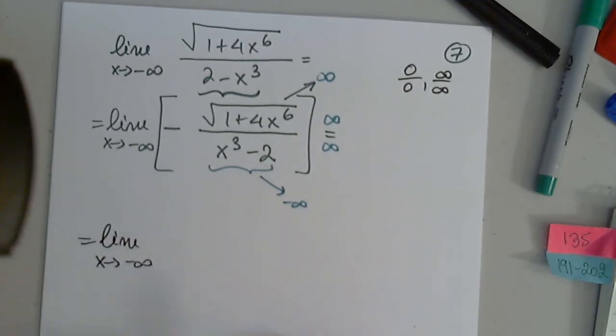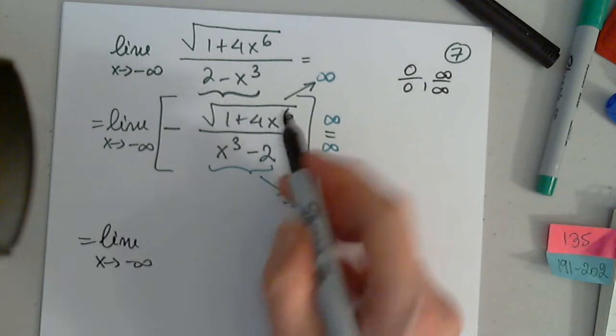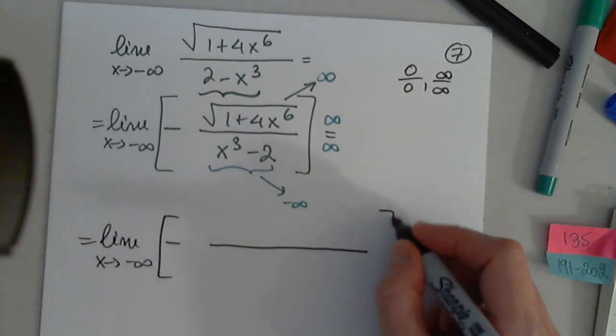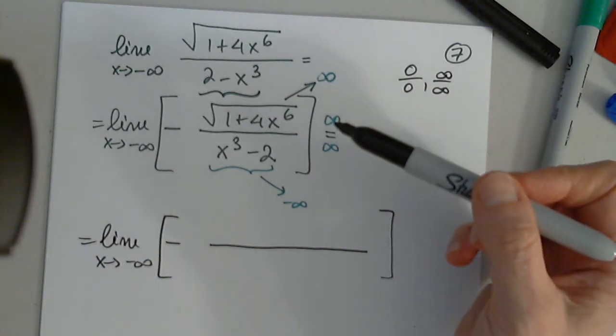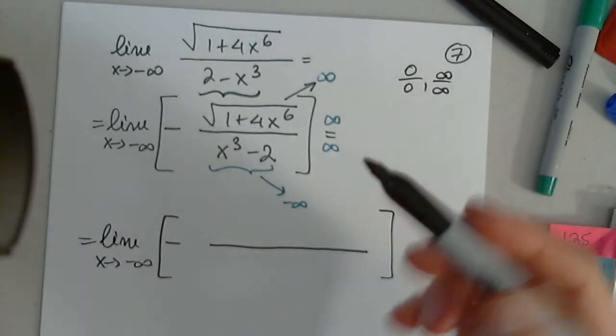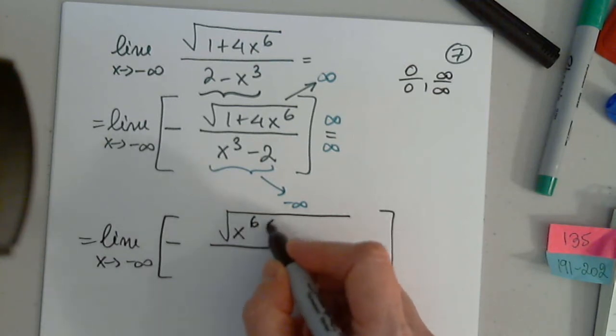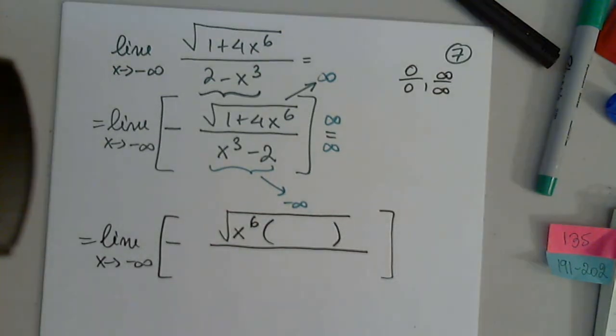The first step. What is the degree inside? Degree 6. Yes. So I will pull out x to the 6th. Can anyone give us what is left in parentheses? Gia, will you want to give it a shot?